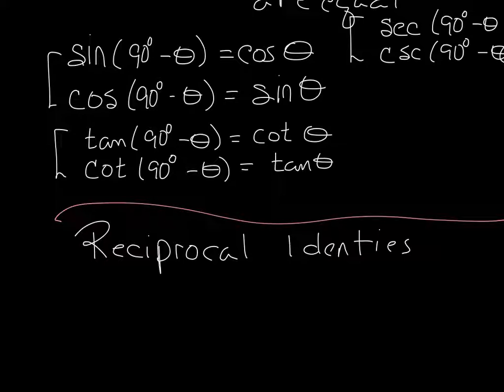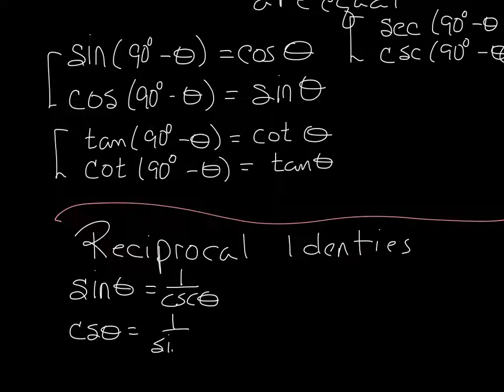For instance, the sine of theta is equal to 1 over the cosecant of theta. Those are reciprocals. The cosecant of theta is equal to 1 over the sine of theta. Those are reciprocals of each other. And we've talked about that. You just flip the fraction.